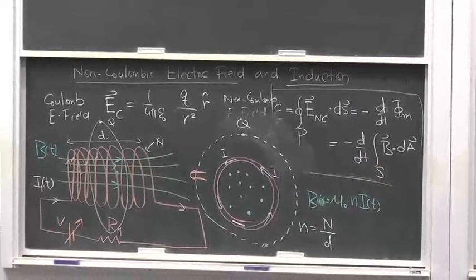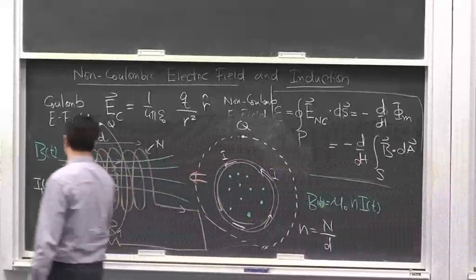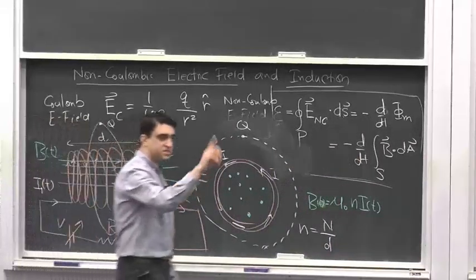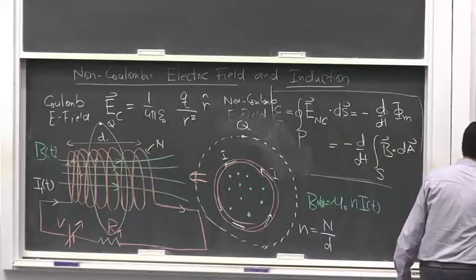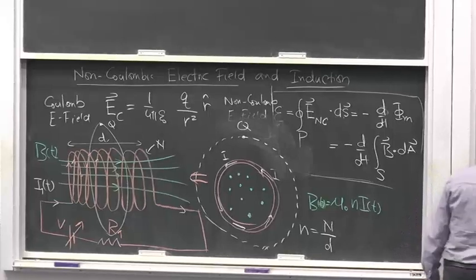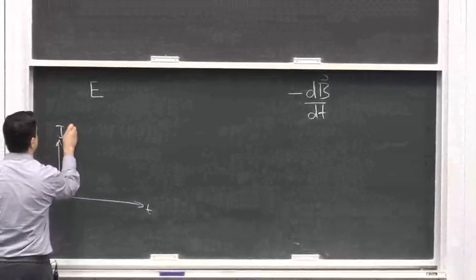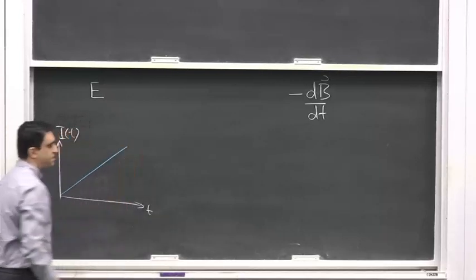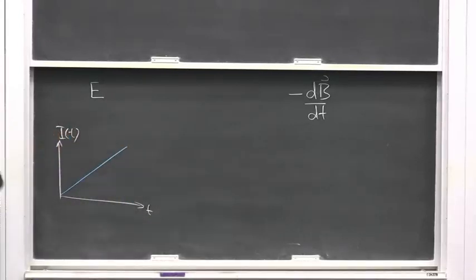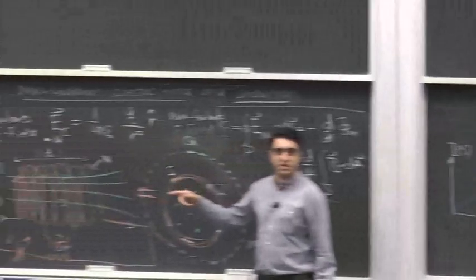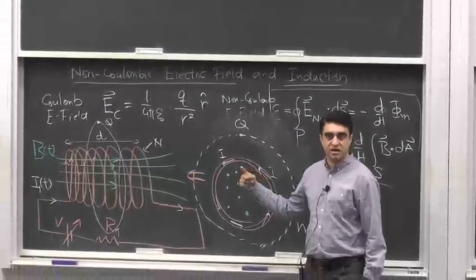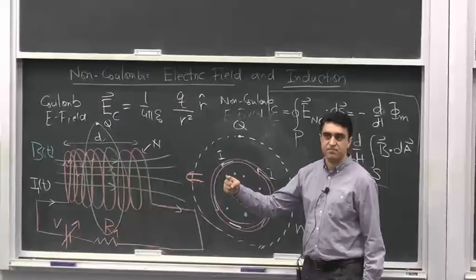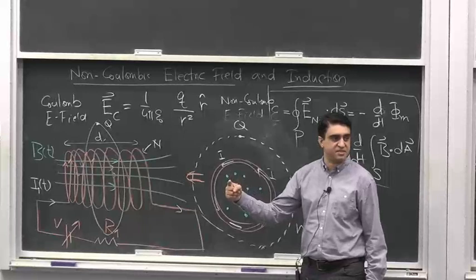So if the current which is flowing inside here is increasing with time, what I have is a situation where the current is a function of time, and that current is increasing linearly with time. So the magnetic field which is coming out is increasing with time, and dV by dt has a direction outward of the board, because that's where the B field is increasing along.